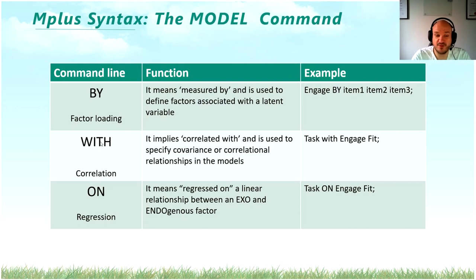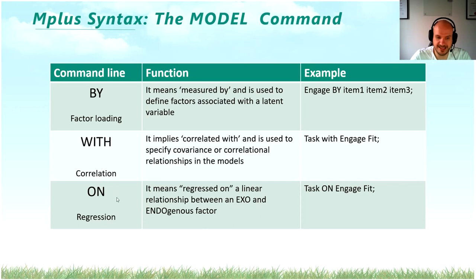WITH specifies either correlations or covariances depending on the type of analysis that you're running. So how it basically works is you say task performance is correlated with engagement and fit. Okay, so that's just a normal correlation, and it will correlate these with one another. This is important for your measurement model. So the BY statements and the WITH statement are important for your measurement models.